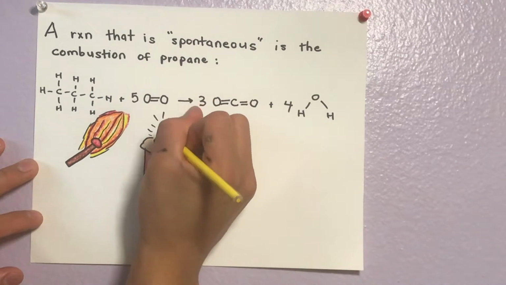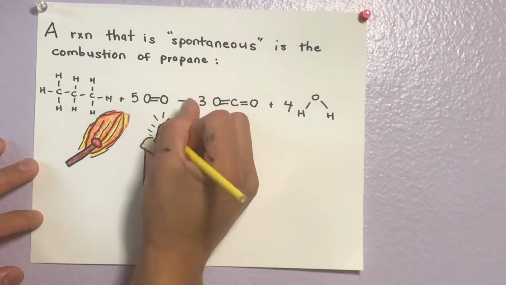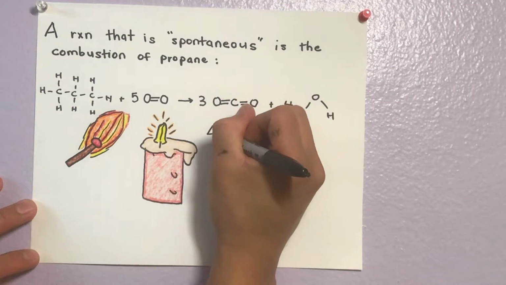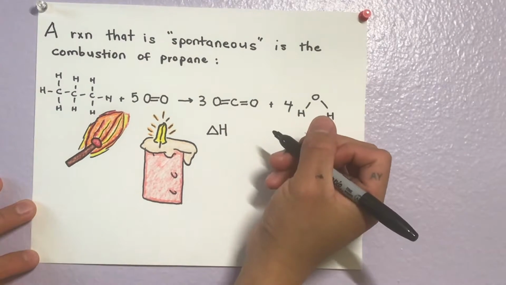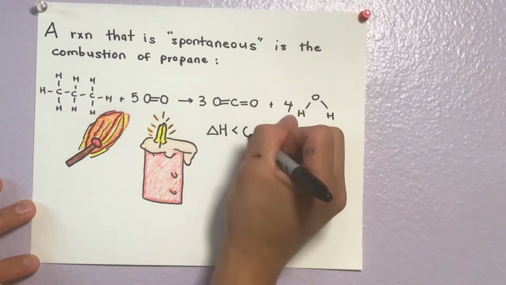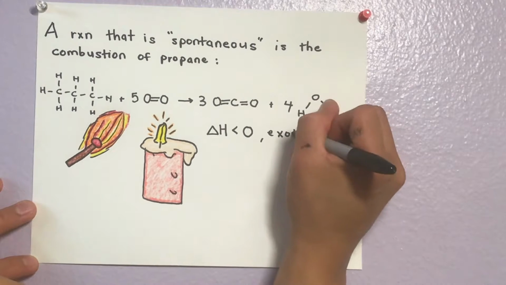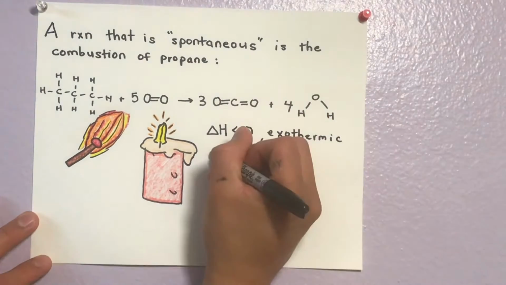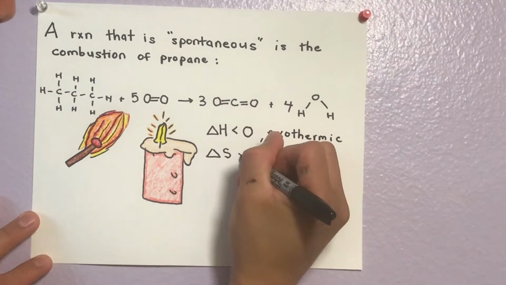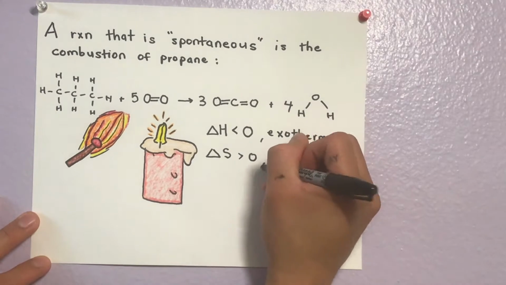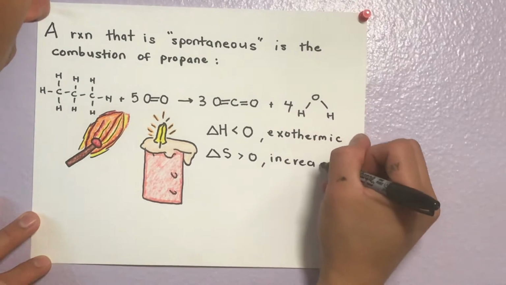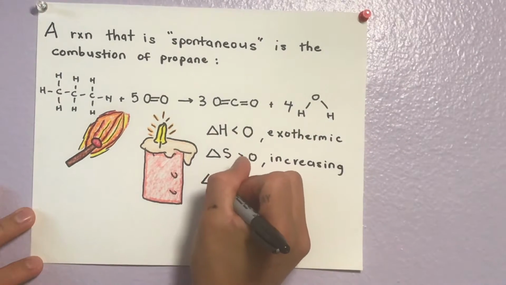Using the Gibbs equation and the guidelines mentioned earlier, the combustion of propane is said to be spontaneous because the enthalpy of the combustion reaction is negative as it releases energy in the form of heat to its surroundings. As energy is released toward the surroundings, the entropy of the surroundings increases, yielding an overall negative delta G.